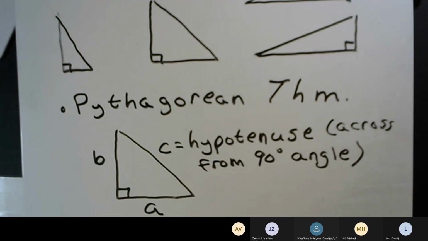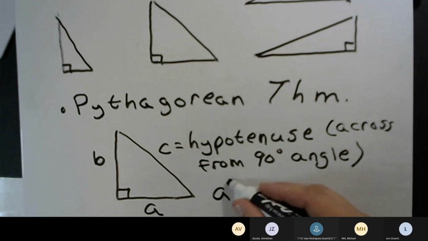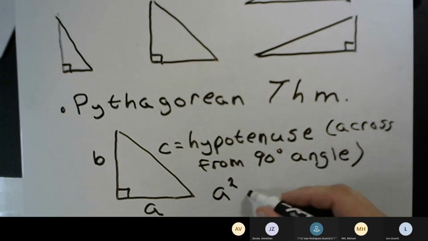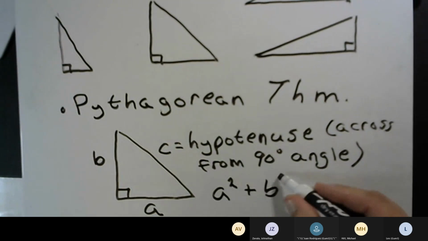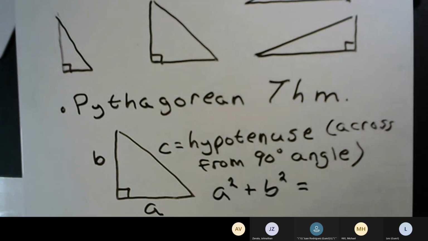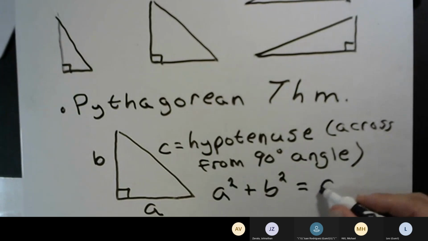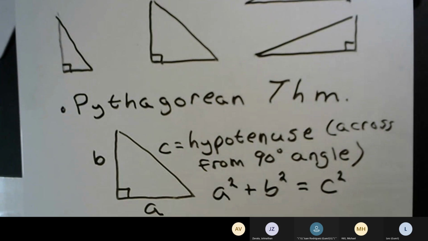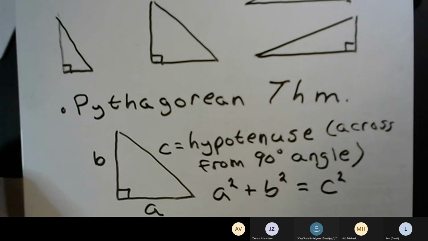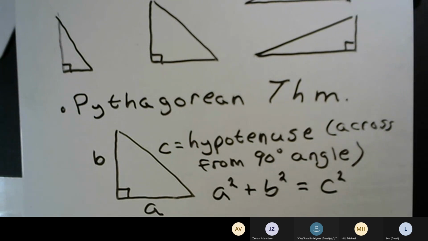That's the hypotenuse. So the Pythagorean theorem says this. If you square and add the 2 sides, that is equal to the square of the hypotenuse. That's your Pythagorean theorem. Now, questions about that?